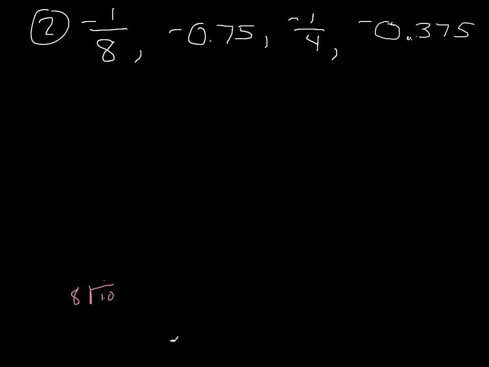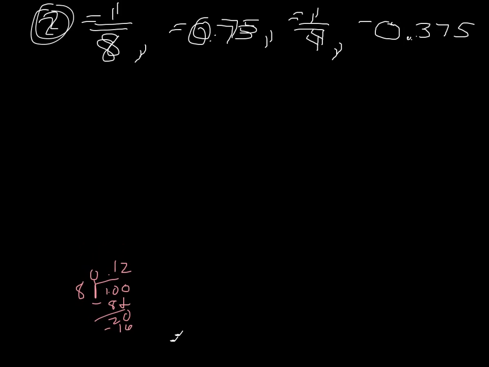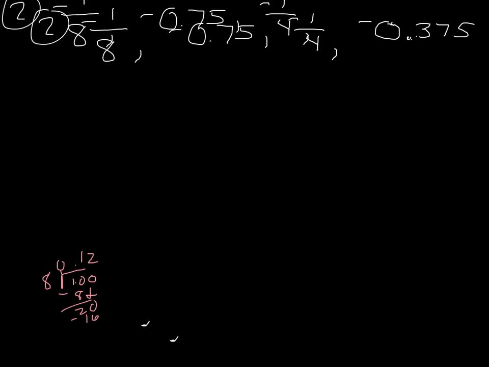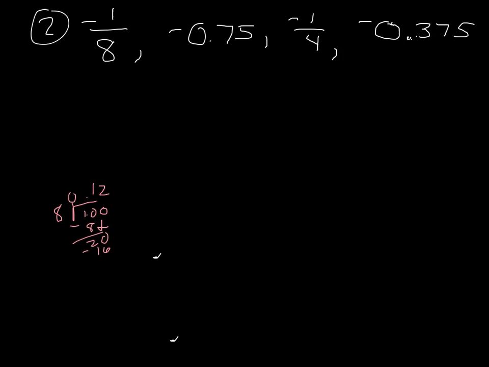Okay, add my decimal point. 8 does not go into 1, it goes into 10 once. Minus 8, I've got 2 left over. Bring down a 0, it goes into 20 2 times. Minus 16. Oops, I'm going to need to move this one up a little bit. Anyways, that'll be fine. Okay, so then I'm left with 4.